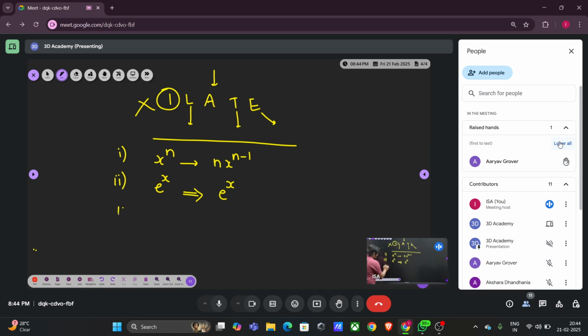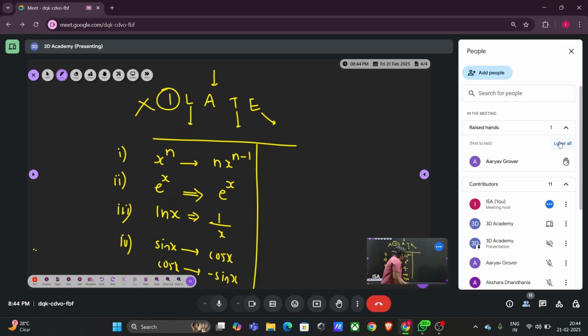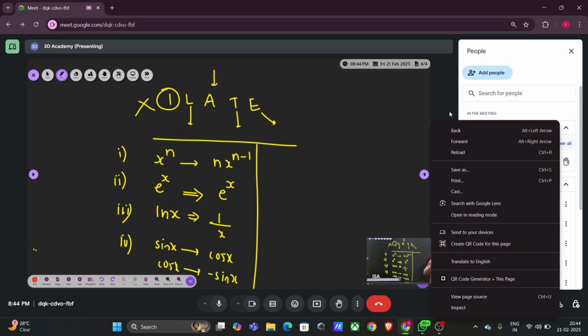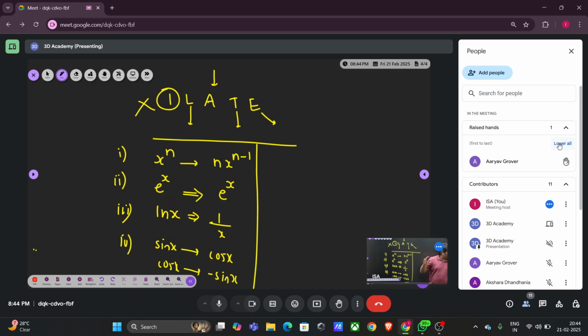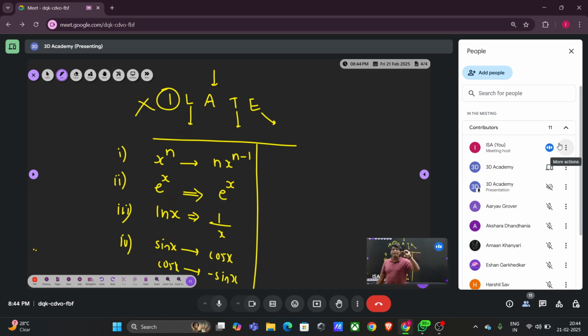Okay. Third, differentiation of ln x is 1 upon x only. And for trigonometric, sin x ka differentiation is cos x and cos x ka differentiation is minus sin x. ये basic forms, if you just keep this in mind. I know it is given in the formula booklet, but not every time we will go and check the formula booklet. So basic forms you have to keep in mind.